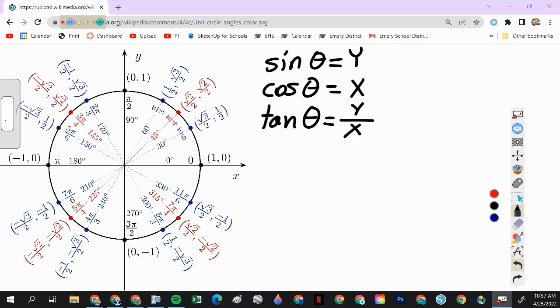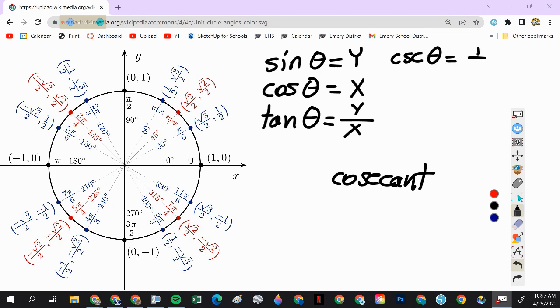There are 3 other trig ratios. The one that matches up with sine is called the cosecant. And the cosecant is abbreviated CSC, and it is simply the y value flipped upside down.